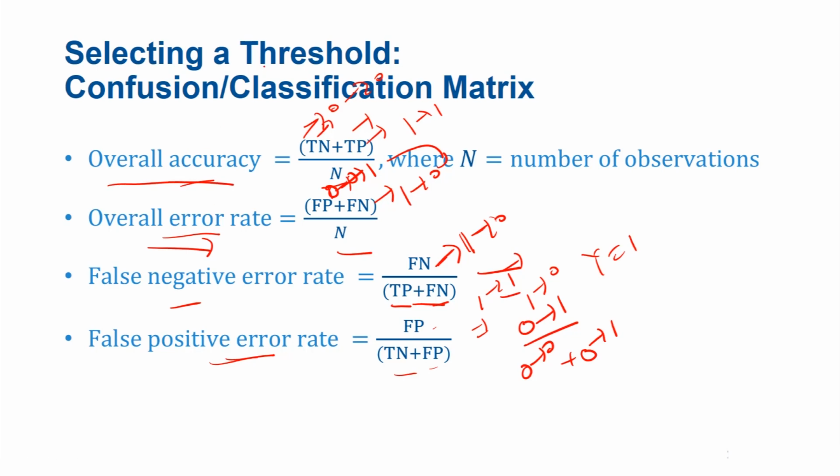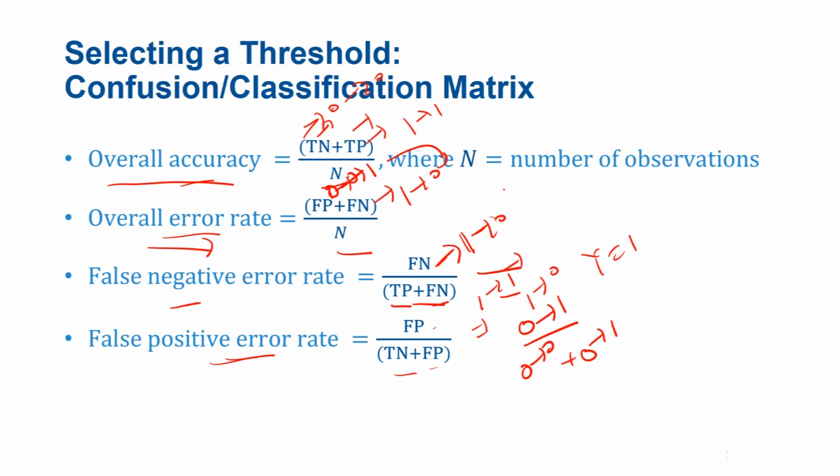To summarize this video, we discussed a very important measure of model accuracy, which is the confusion or classification matrix. Based on the confusion and classification matrix, we derived two important measures of sensitivity and specificity. We noted that selection of the thresholding value, a very important concept we discussed in the previous video, is a trade-off between these sensitivity and specificity.